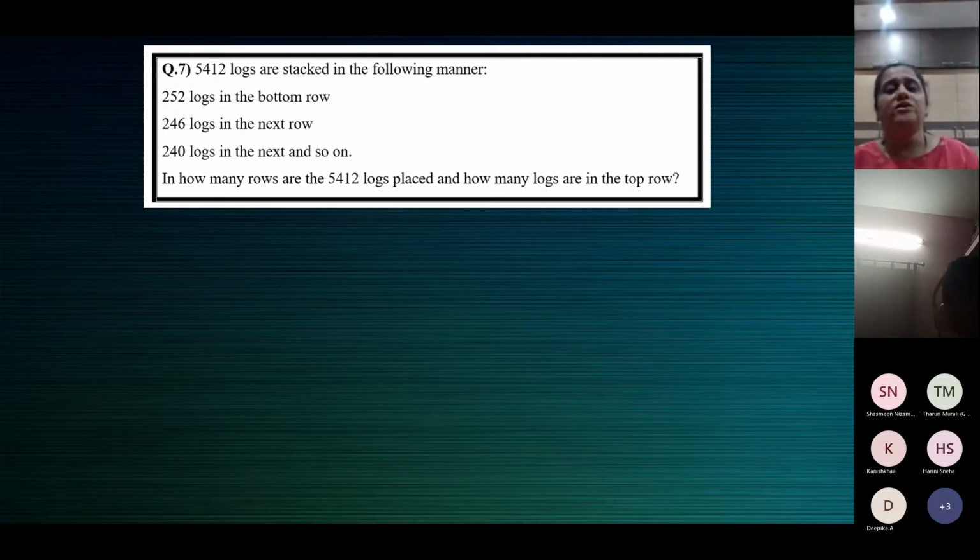So 5,412 logs are stacked in the following manner. The row on the ground is the bottommost row, and that has 252 logs. Above that, 246 logs are placed. Above that, 240 logs.